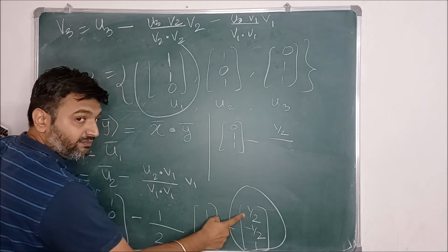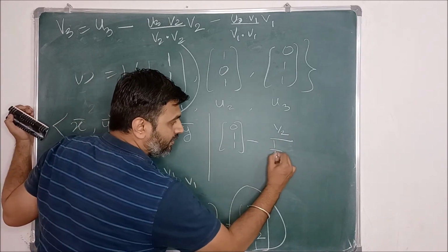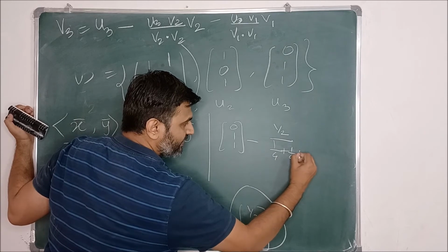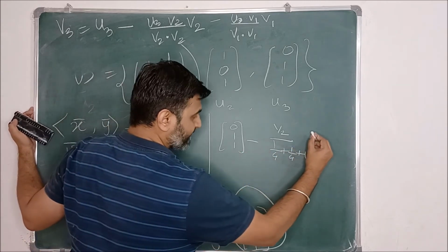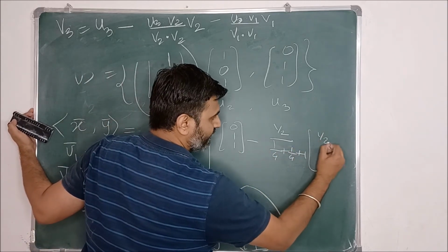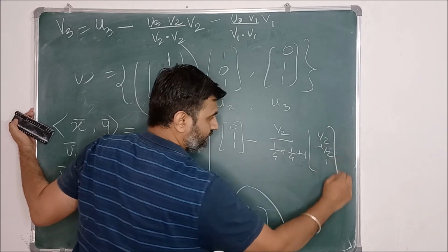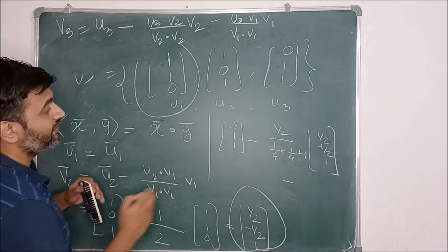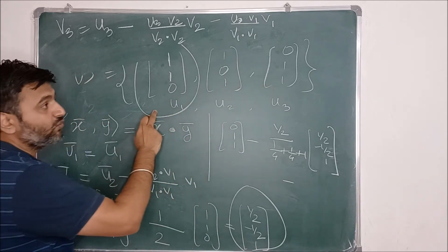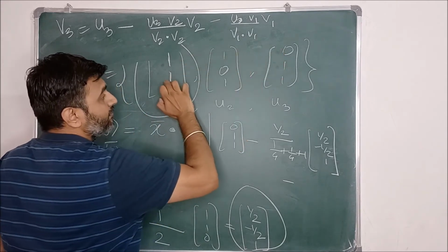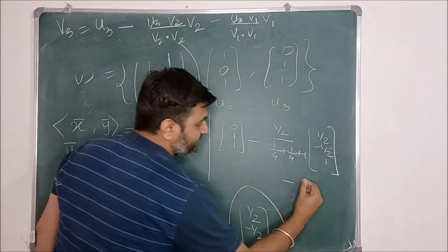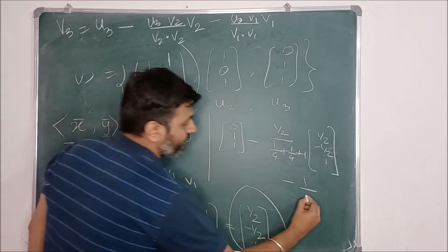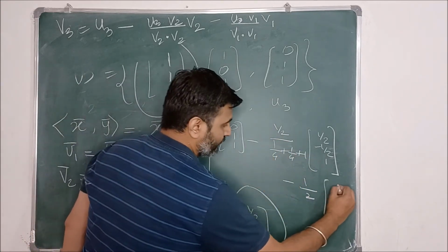So 1 by 2 into 1 by 2 is 1 by 4, plus 1 by 4, plus 1, into v2. What is my v2? Half, minus half, 1, right? Minus u3 dot v1. My v1 is the same as u1. So 1 into 0 plus 1 plus 0. So this is 1 upon v1 dot v1 into 1 1 0.